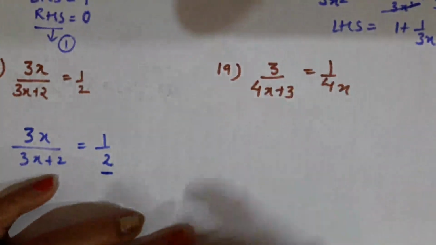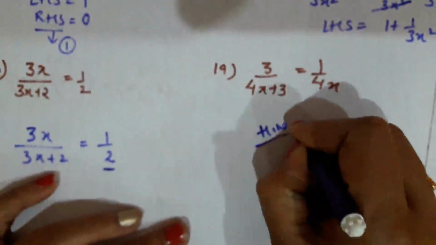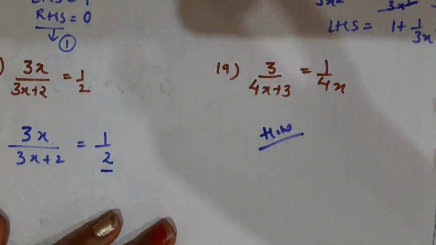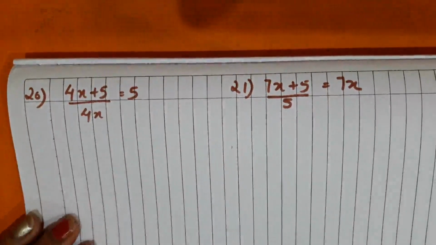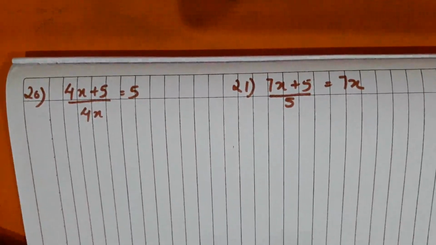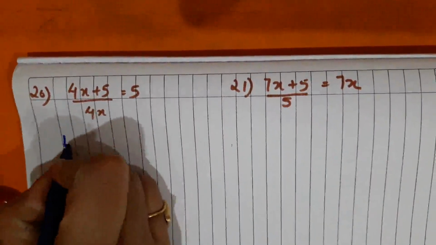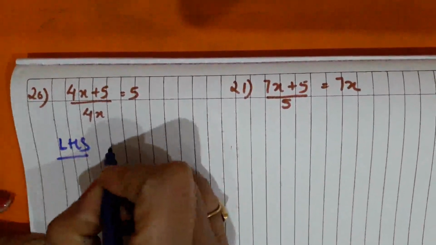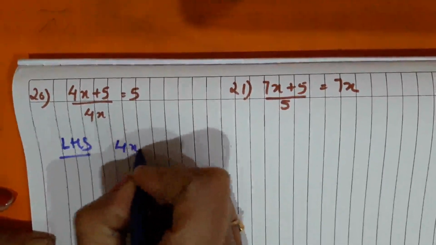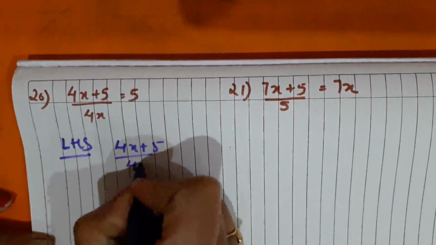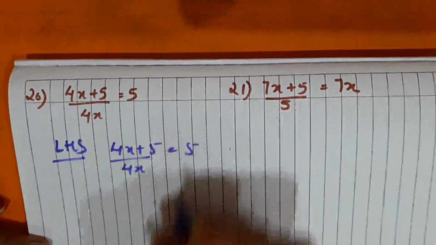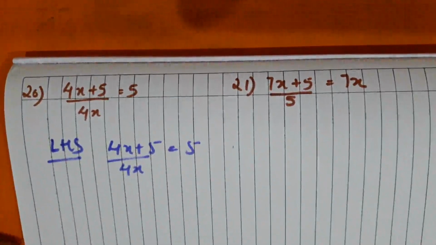Okay, now the 19th I'm giving you as homework. It is similar to the 18th one. Let's move to the next part. Next part is the 20th, (4x plus 5) upon 4x. So let's solve the leftmost side. 4x plus 5 upon 4x. So again we are not able to have anything common here.